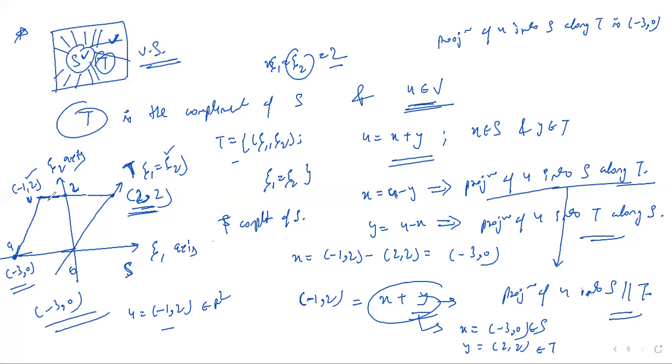This is my line T, and this is along the line T. And the projection of U into T along the line S is 2 comma 2. So I have written this vector U in the unique format of x plus y. Then this will be the direct sum.